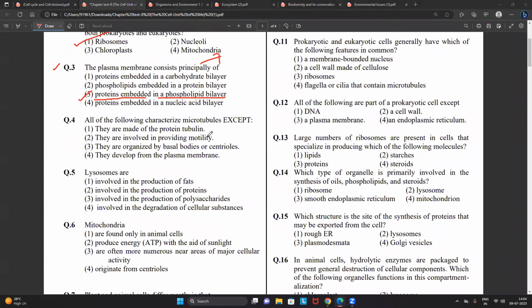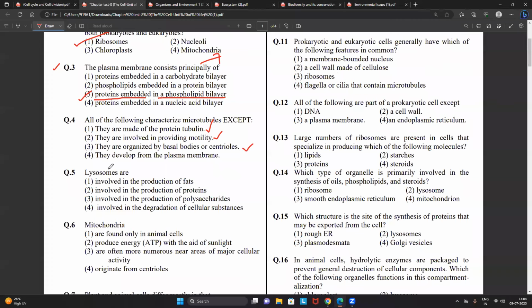Microtubules are made up of what? Proteins called tubulin. Absolutely right. As we already discussed, friends, microtubules play a very crucial role in motility. And we also know very well that the microtubules associated with the centriole region are involved in the formation of the spindle fiber. Then obviously option 3 is the right option.